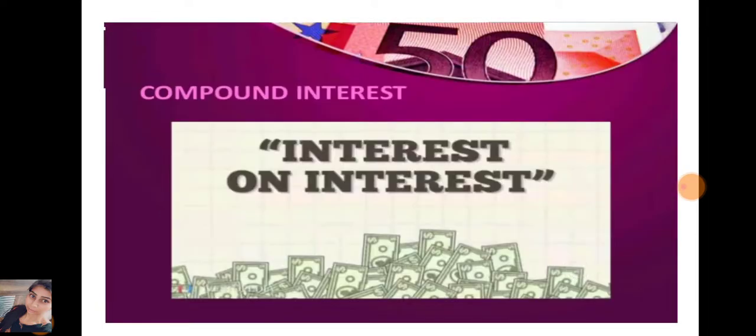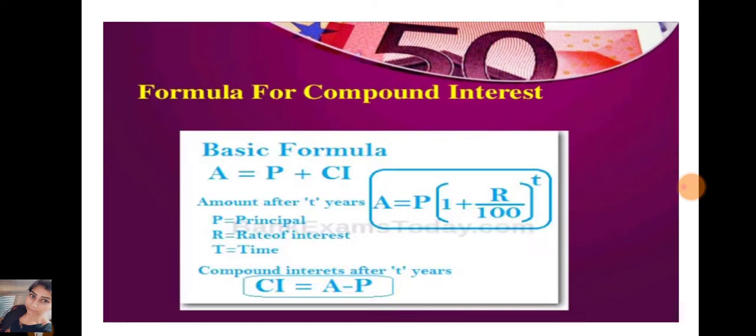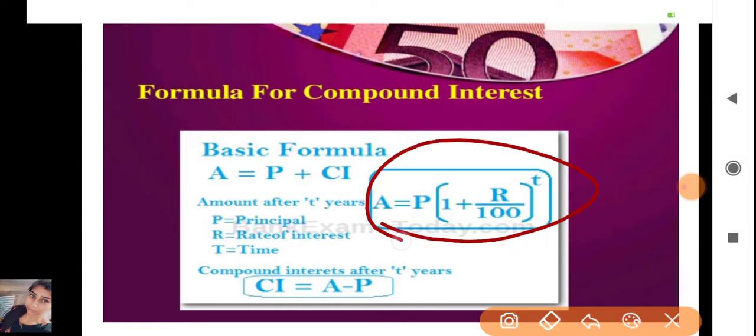So now let us see, compound interest is known as interest on interest, because basically the interest keeps on adding on the interest only. Now this is the basic formula that we use for the compound interest, actually for the amount, and then this is for the compound interest. These two formulas are the basic formulas.